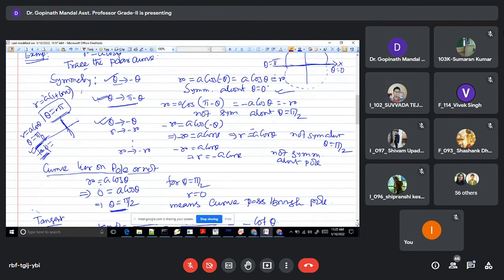Only if theta comes to be pi by 2 or minus pi by 2 can we say the curve passes through the pole.